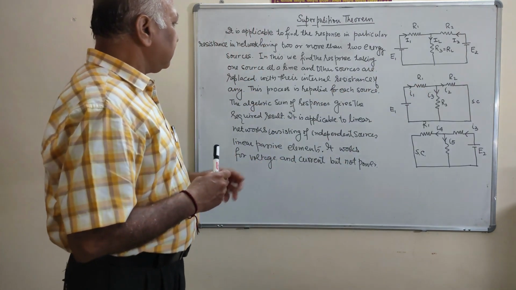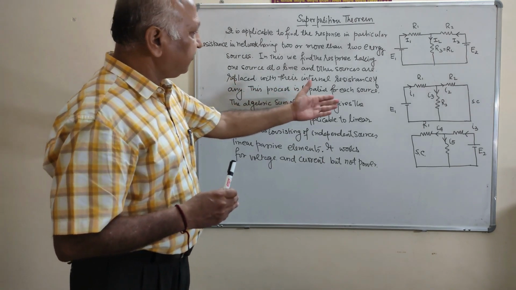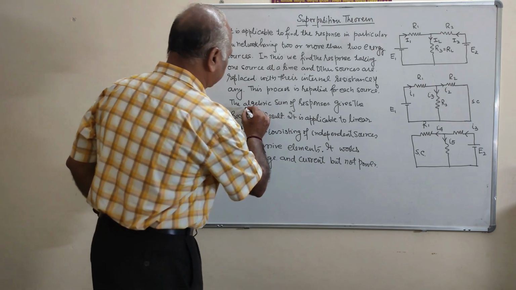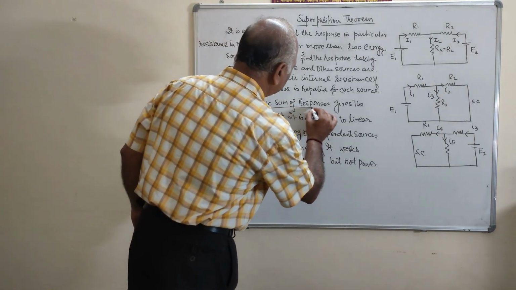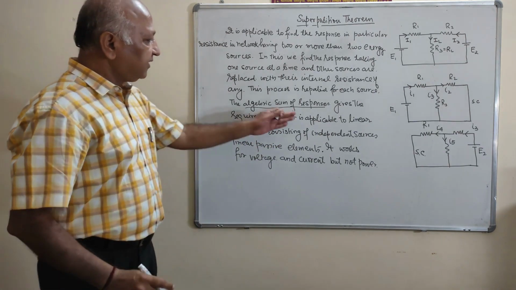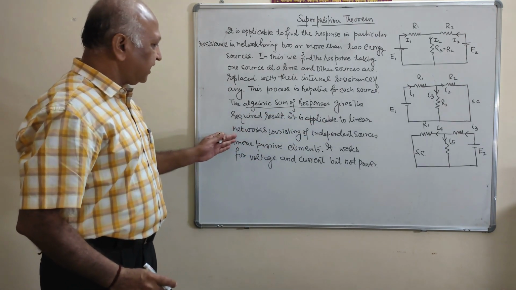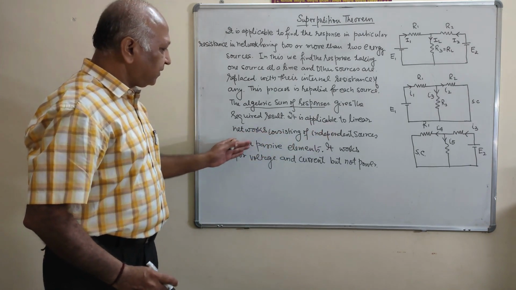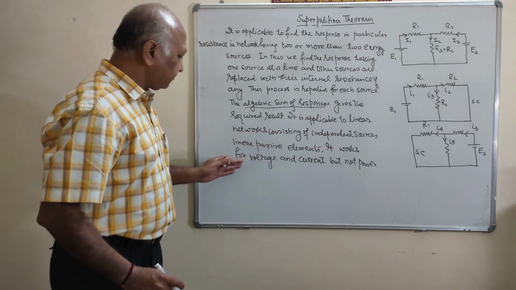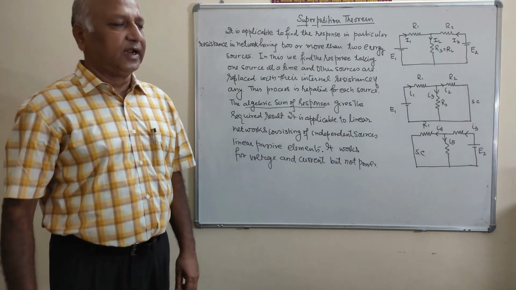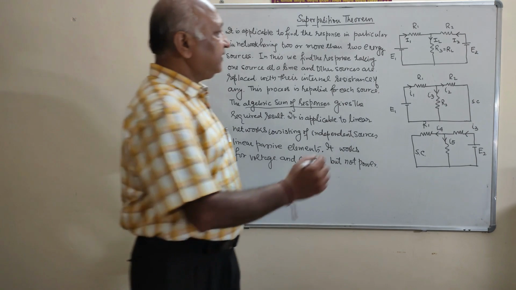This process is repeated for each source, and the algebraic sum of responses gives the required result. It is applicable to a linear network consisting of independent sources and linear passive elements. It works for voltage and current but not the power.